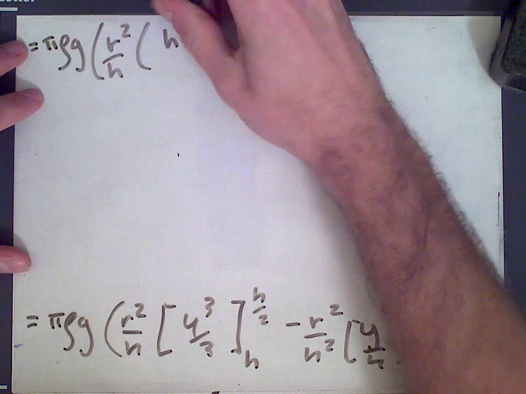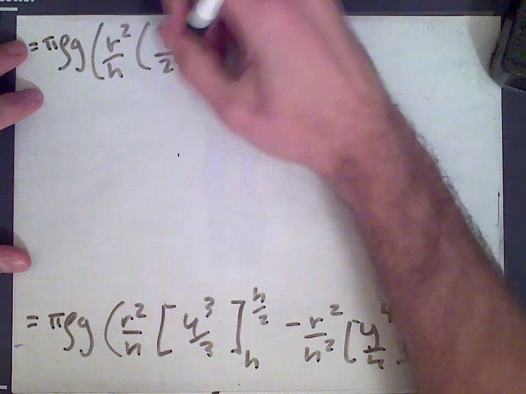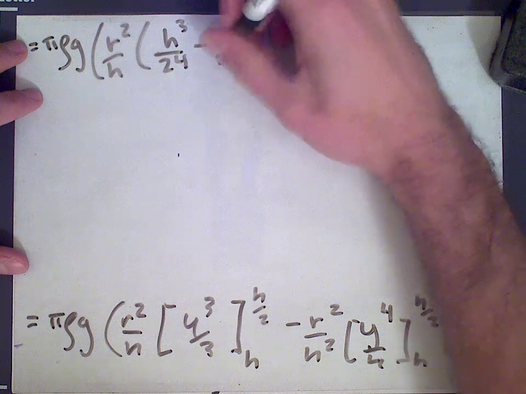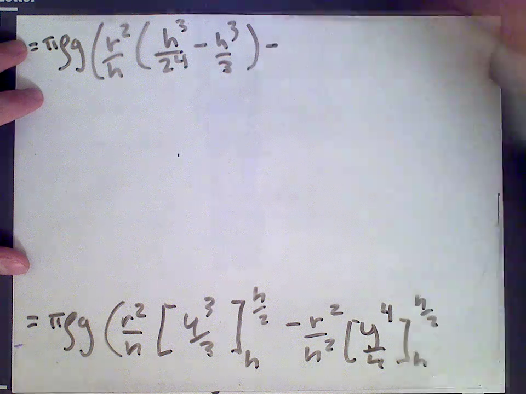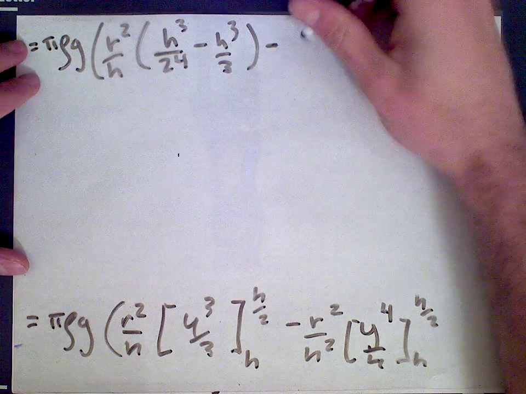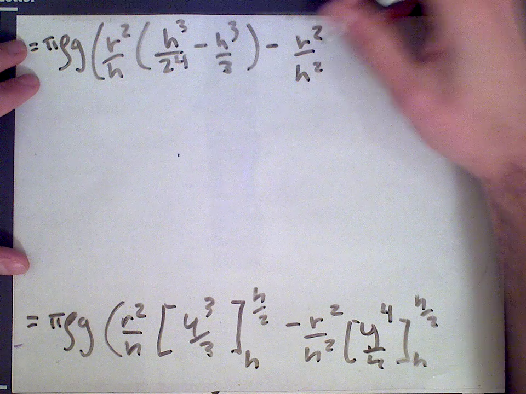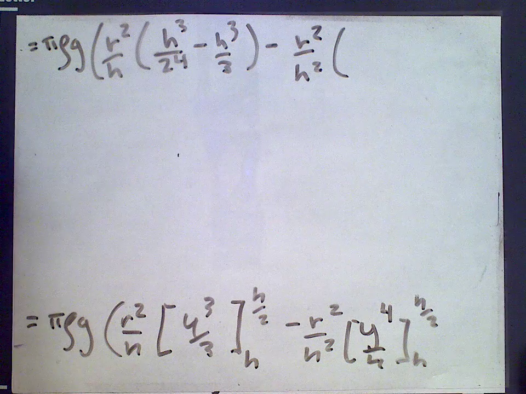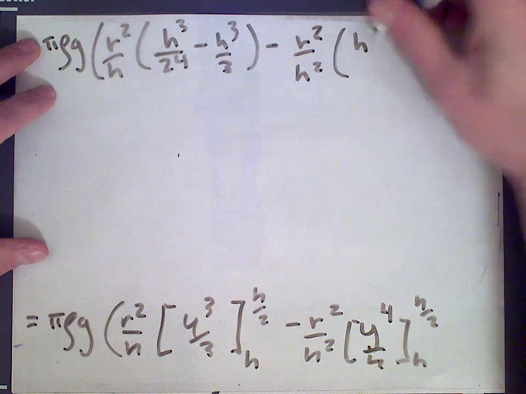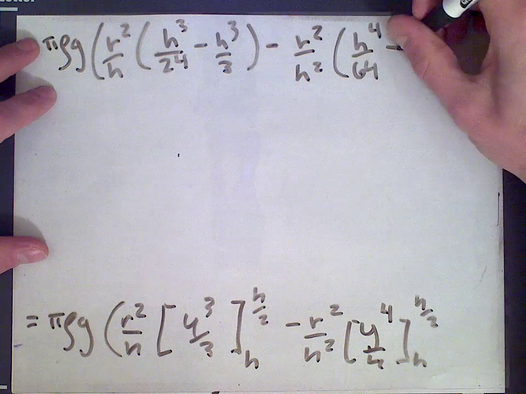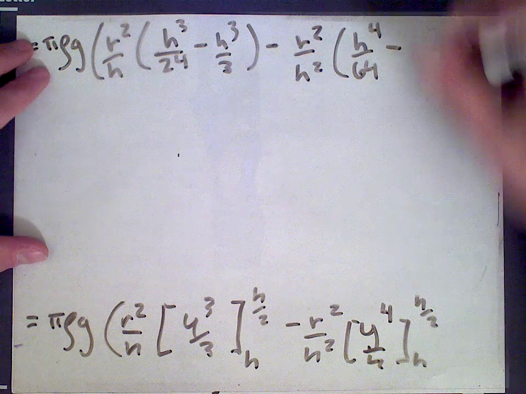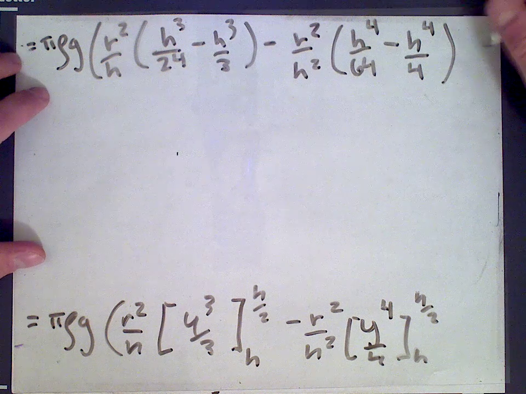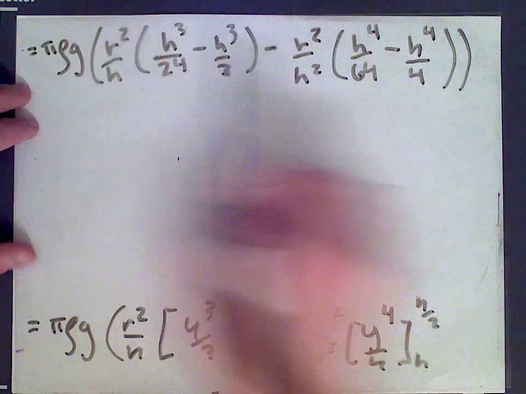So that's h cubed over 24 minus h cubed over 3, minus r squared over h squared times, so we get h to the 4 over 64 minus h to the 4 over 4. And now we're in pretty good shape. We just need to simplify what we get here.